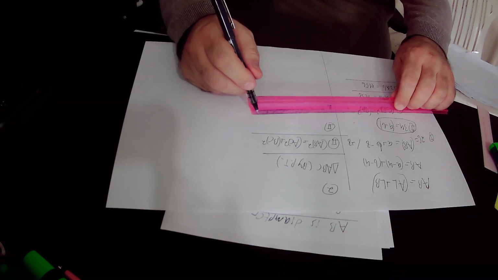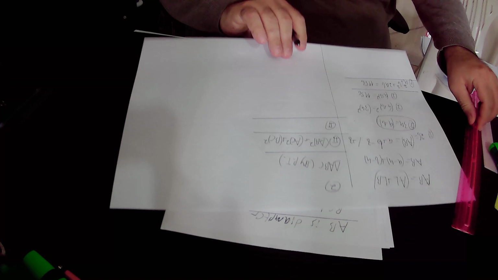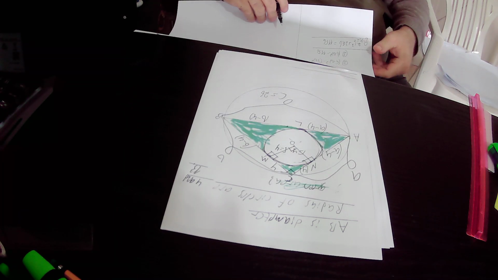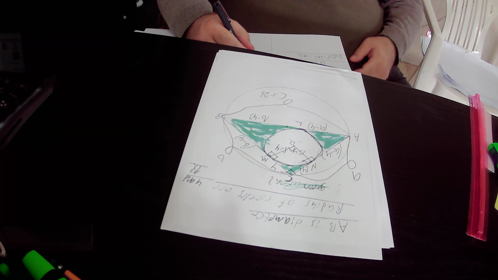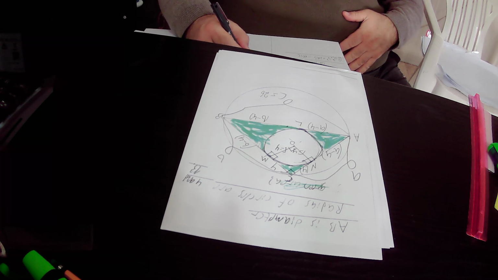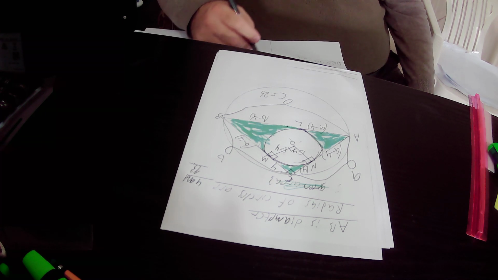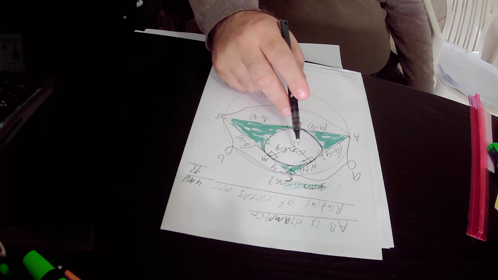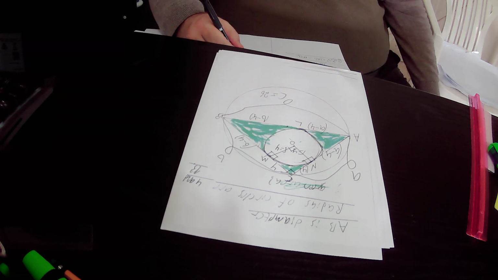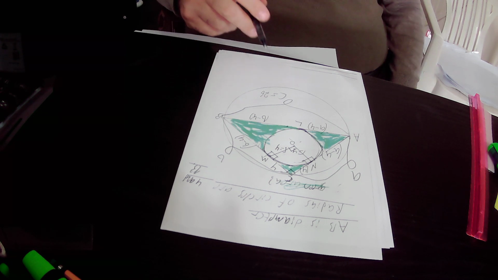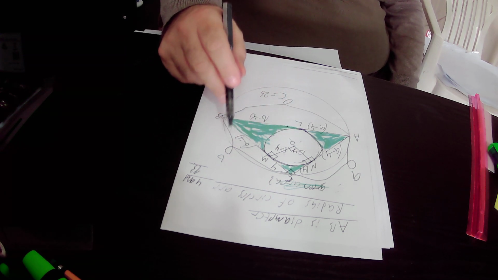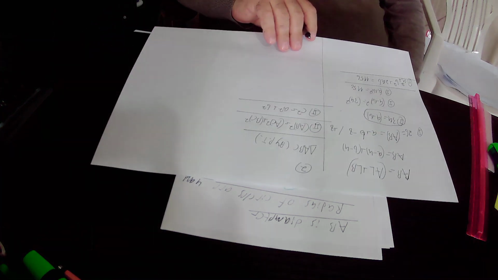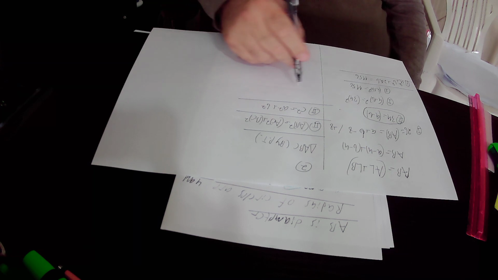According to our definition, AB equals C, so we substitute AB by C. AB is C, so AB squared is C squared. That is equal to AC squared. Here AC equals A, so AC squared is A squared, plus BC squared. BC equals B, so BC squared is B squared. So we found out that according to equation number 2, C squared equals A squared plus B squared.